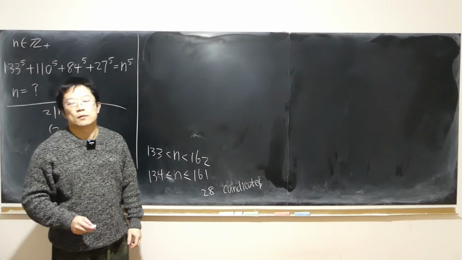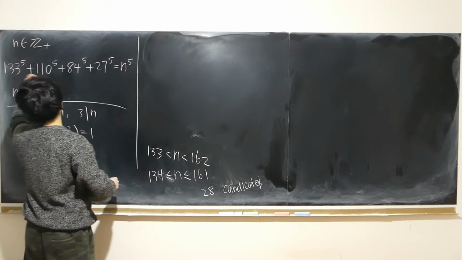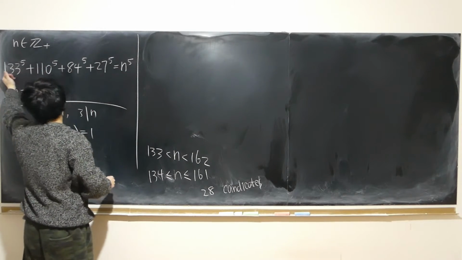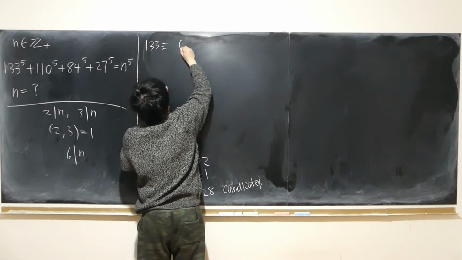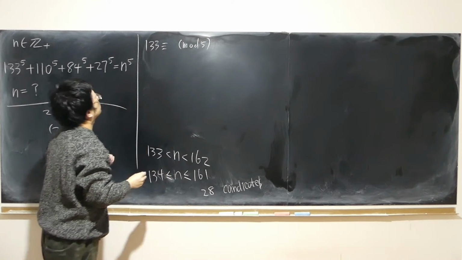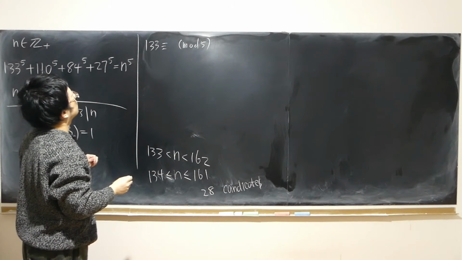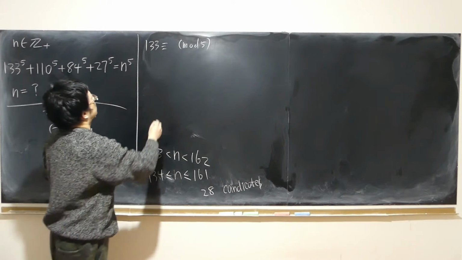Now let's continue with divisor 5. I divide 5 into this. 133 is congruent to what? I think it's 3, in other words, negative 2.